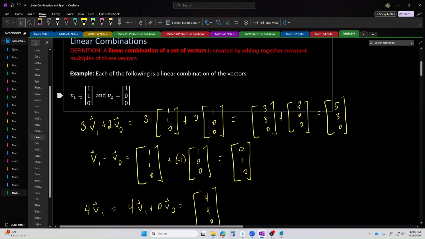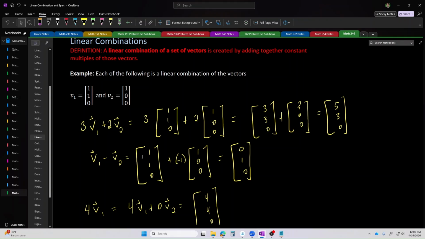If you think about your vector v1 as being like red paint and your vector v2 as being like blue paint, then you can create different shades of red and blue and purple by mixing v1 and v2 together in different ratios. So you can think about a vector like 5, 3, 0 as being a specific shade of purple that has been created by mixing together red and blue in this combination.